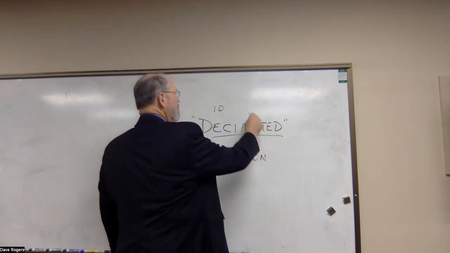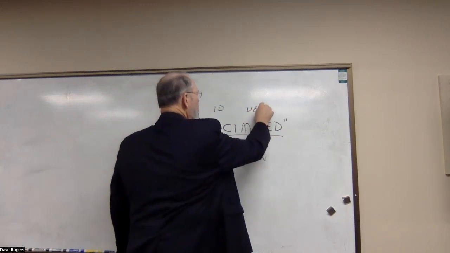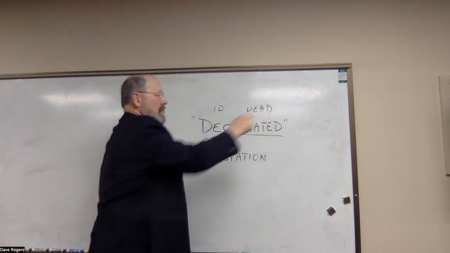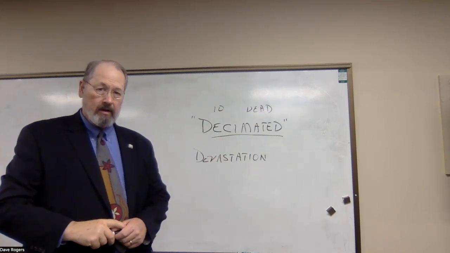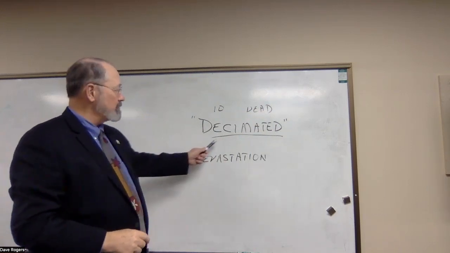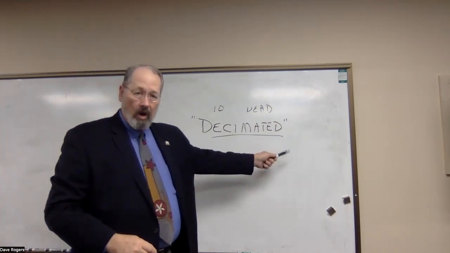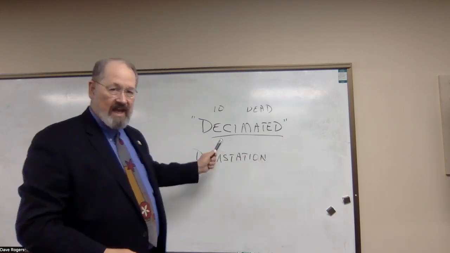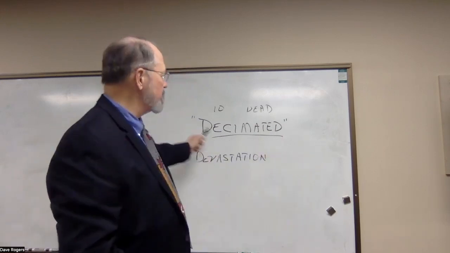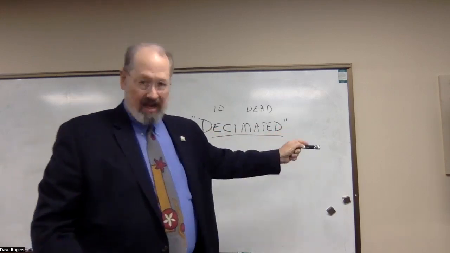Mated, from mata, dead. 10 dead. To decimate someone means to kill 1 out of every 10 in their army. To decimate something means to destroy 10% of it.